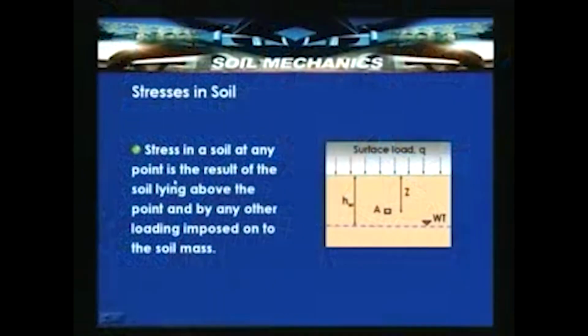So, the stress in soil at any point is the result of the soil above the point or of any other loading imposed onto the soil mass. As informed earlier, the stresses in a soil mass can be due to its own self weight or due to any other loading imposed onto the soil mass.